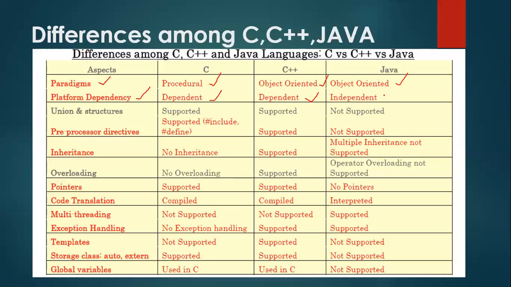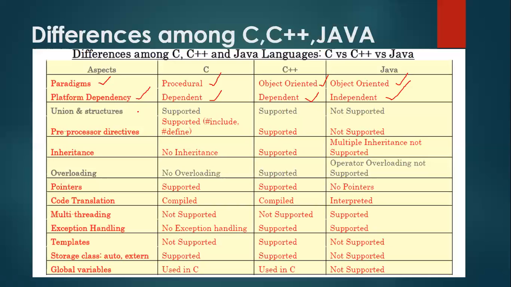But Java is independent of your platform. That means whatever software and whatever hardware you are using, it does not depend upon those. If you have a Java program, it runs on any machine, so it is a machine independent language.